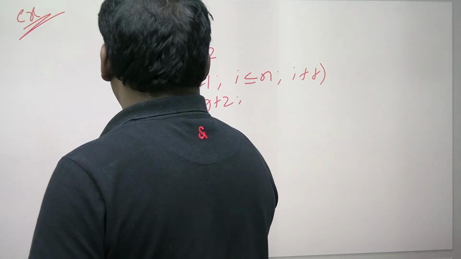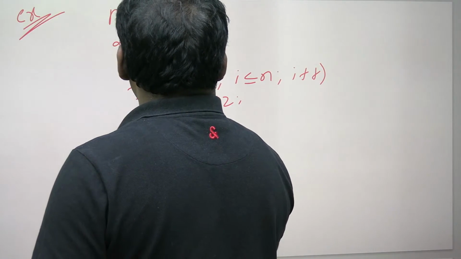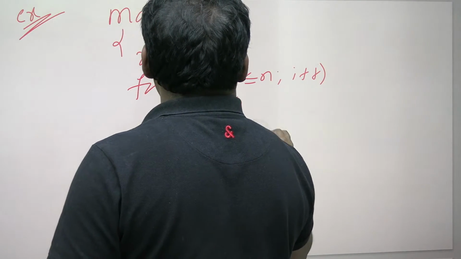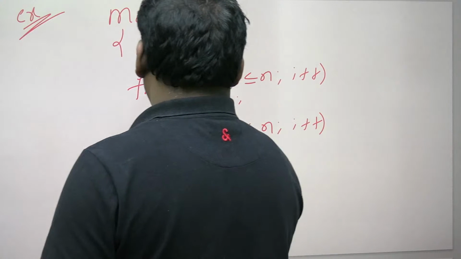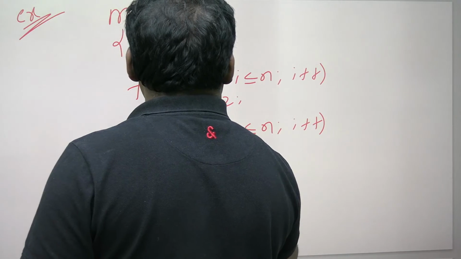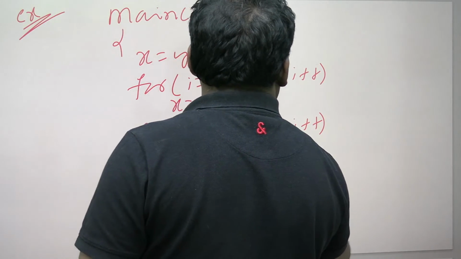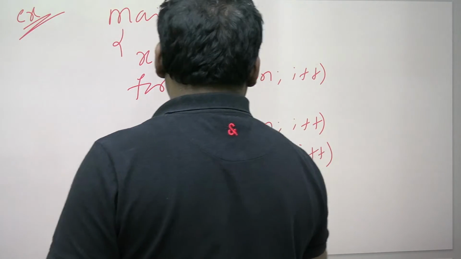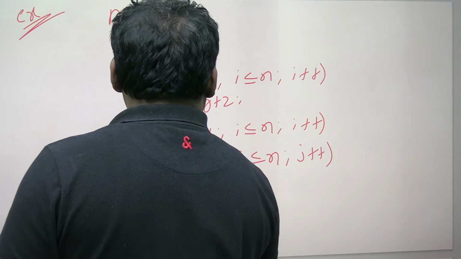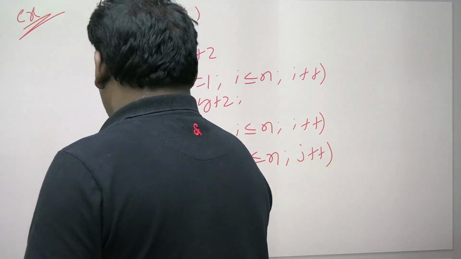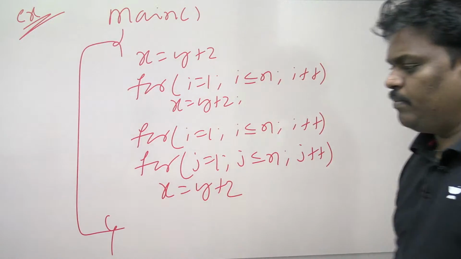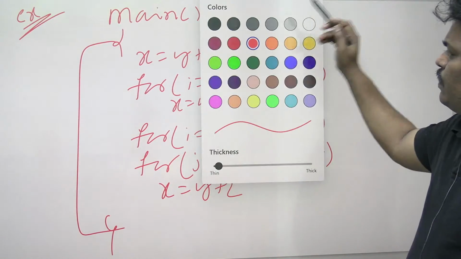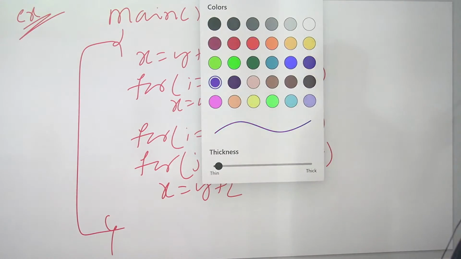Next: for i = 1, i <= n, i++, for j = 1, j <= n, j++: x = y + z. Can you verify yourself? What is the time complexity of this program?